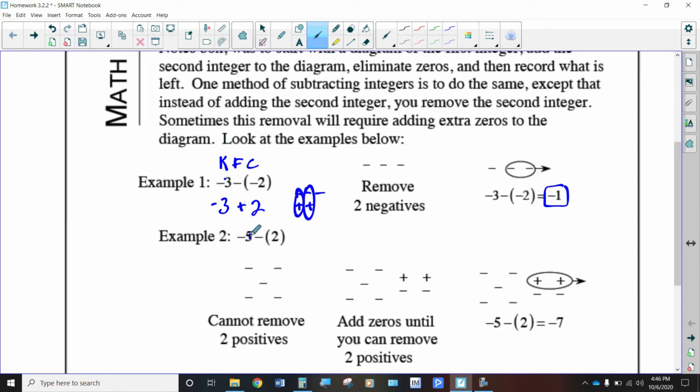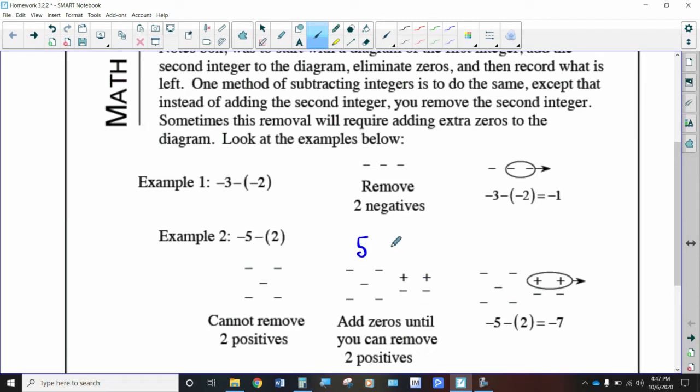Here's where it starts to become a problem. Starting with 5 negatives, and you're going to take away 2. Well, you don't have any positives to take away from this. So this is where it really starts to get complicated. But not only can you take away 0 pairs because they're 0 and they get married and they go off and have their honeymoon, but you can also add 0 to a number and it won't change its value.